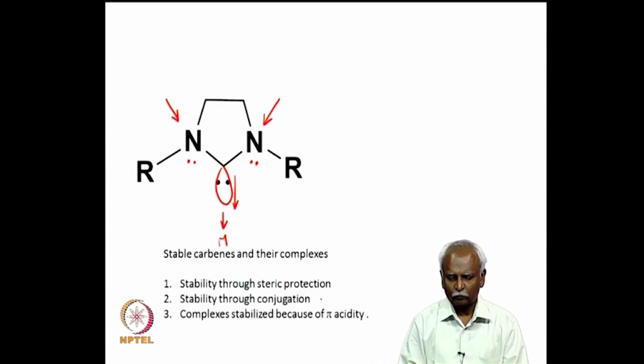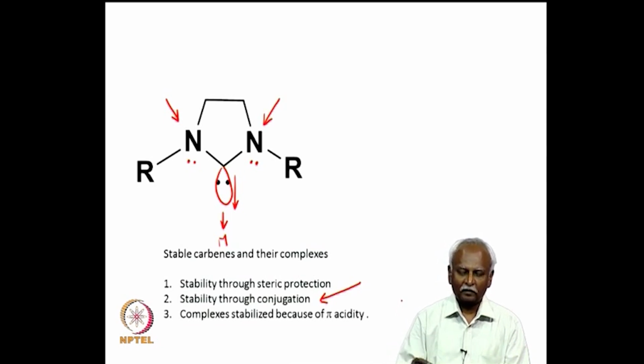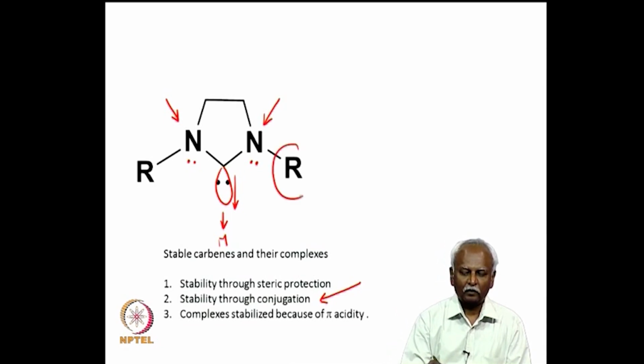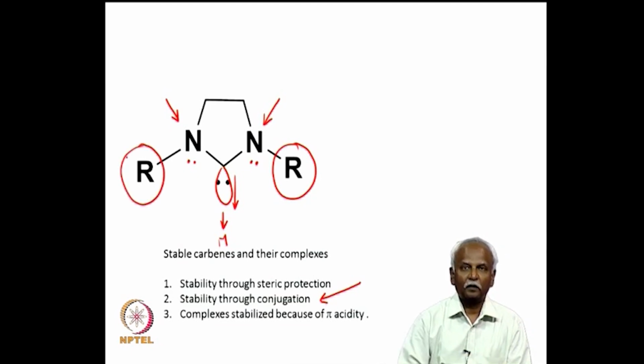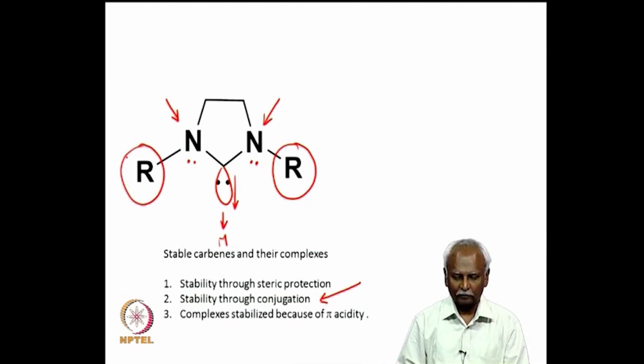So, stability through conjugation is an important factor and is in fact essential for the stability of these carbenes and the stability of their complexes. But there is yet another factor which stabilizes these carbenes, and that is the fact that you have rather large bulky R groups which are situated adjacent to this carbene carbon.